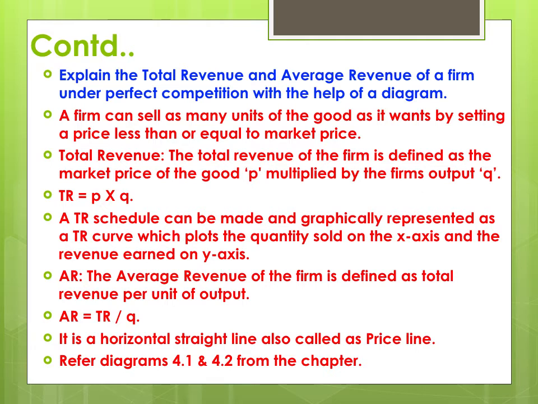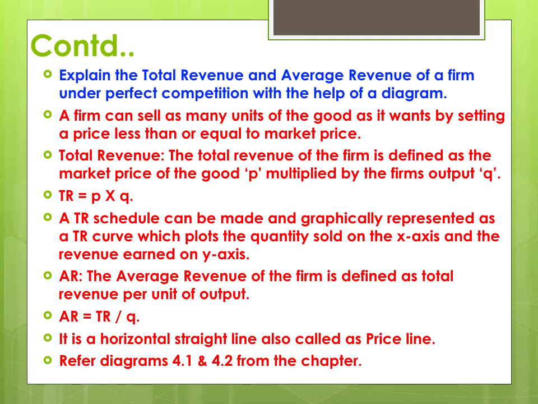Average revenue equals the market price. Since the market price is fixed at P, we obtain a horizontal straight line that cuts the y-axis at a height equal to P. This horizontal straight line is called the price line. It is also called the firm's AR curve under perfect competition.